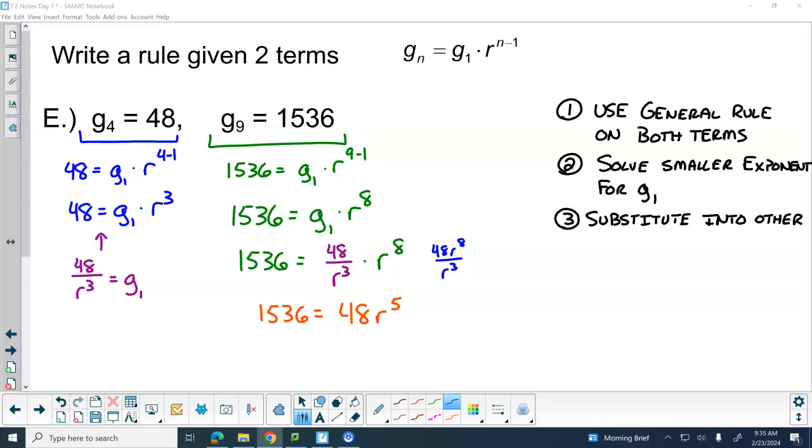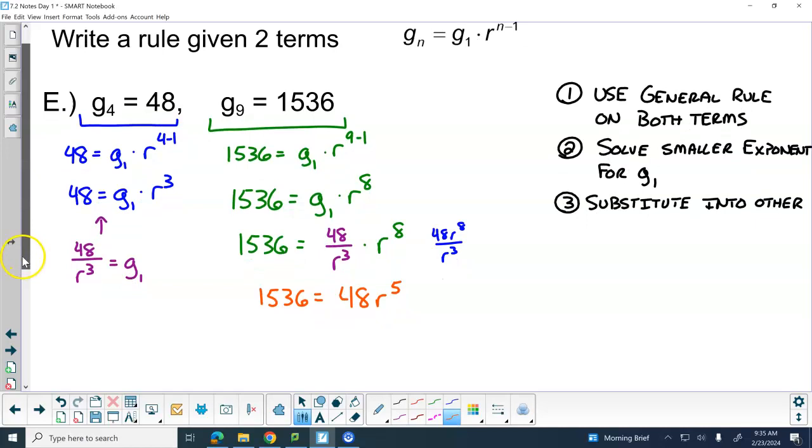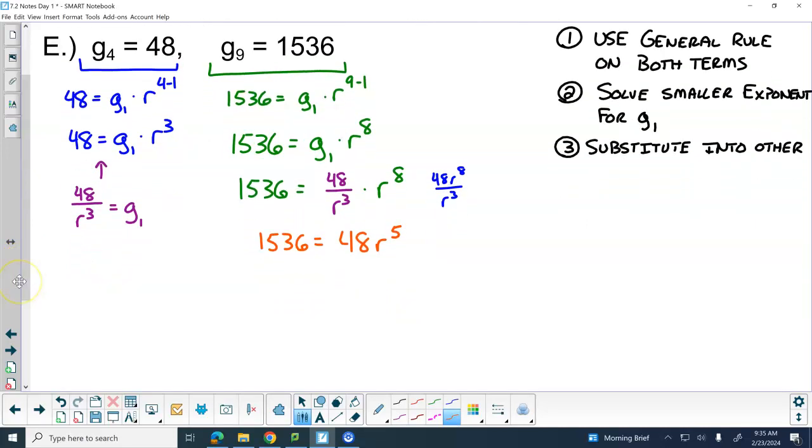Divide both sides by 48. Someone with a calculator, help me out. 1,536 divided by 48. I want to say 32. Now what? I want to solve for r. Fifth root of r.